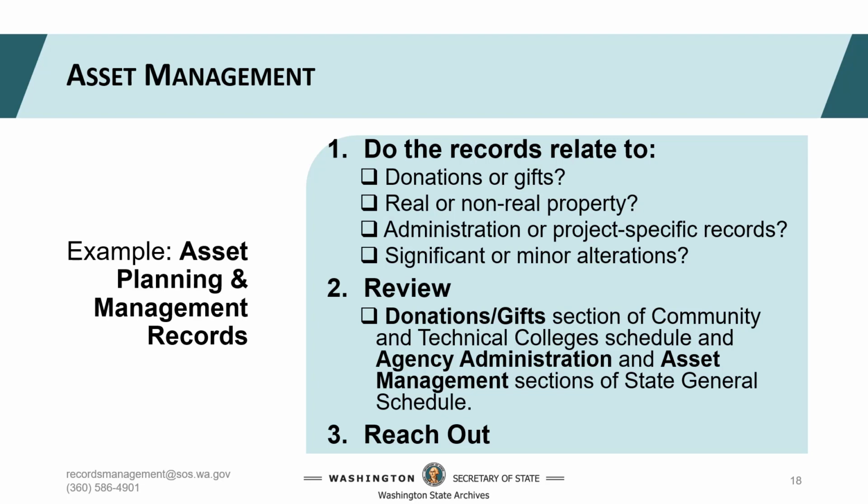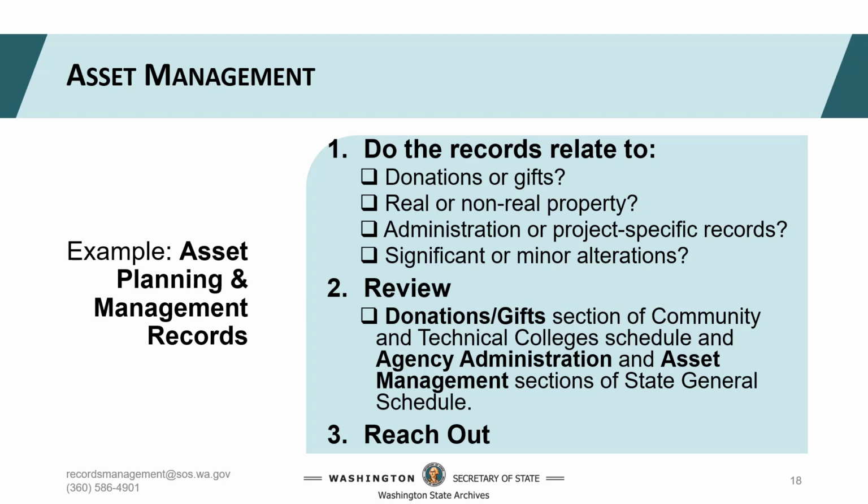Browse the subject index at the back of the schedule to locate subject terms that relate to the record at hand. These strategies are going to get you close to the right record series, but your questions will narrow it down even further. For instance, real property relates to land and everything attached to that land. Non-real property includes agency computers or vehicles.